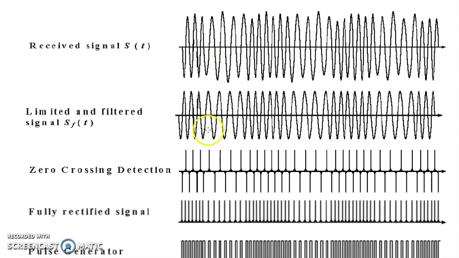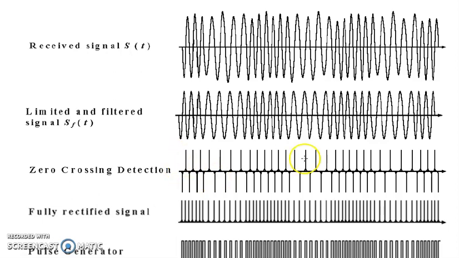Okay. Now after this, an electronic circuit known as a zero crossing detector is put, and the input to the zero crossing detector is this limiter output signal. Here you can watch that for every zero crossing, whether the wave is crossing from positive to negative or negative to positive, you get a pulse or a spike.